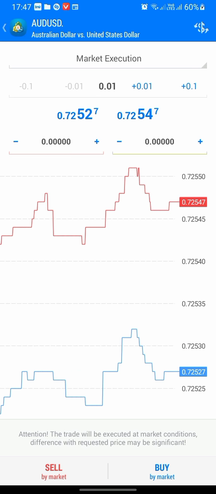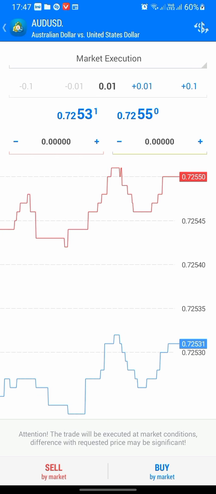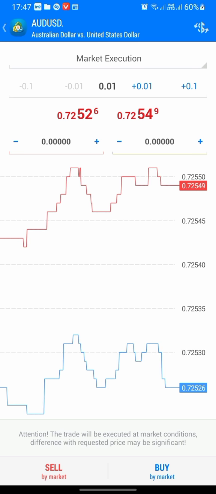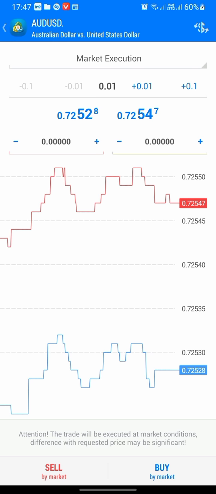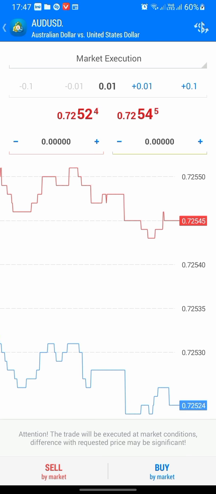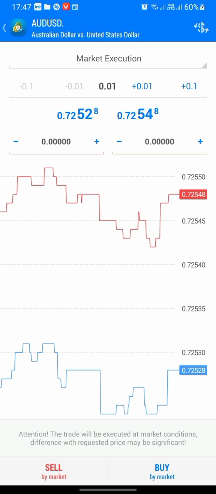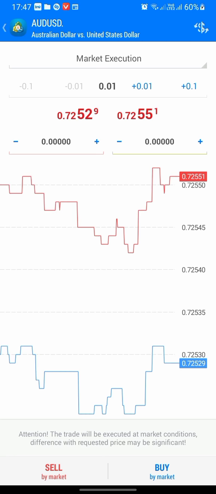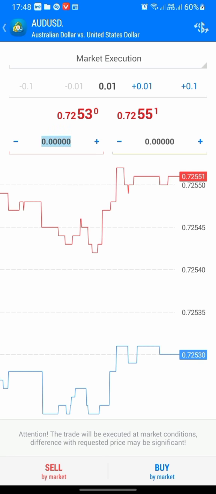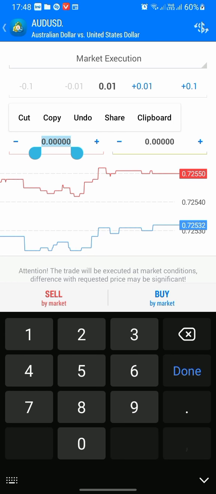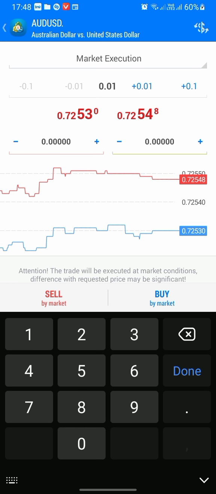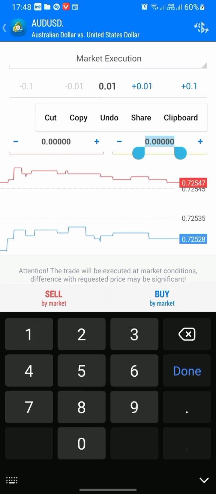The red line and the blue line make the difference, and they are what calculate your money as they move away from your position. You will be gaining or losing, because it's not always about gaining. You'll also lose. Here is where you put your stop loss. I'll show that later on. And here is where you put your take profit.